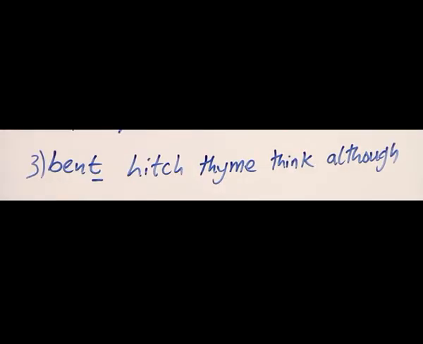Now, we'll take question number 3. The word is bent. What is the sound? The letter underlined is letter T, and it represents T, a voiceless plosive. Having said that, what is the answer now?